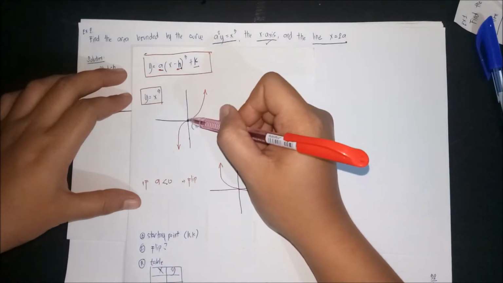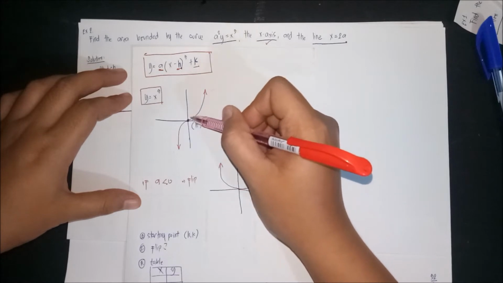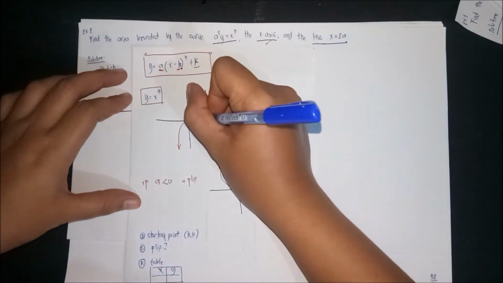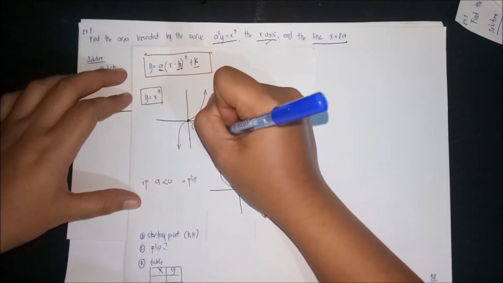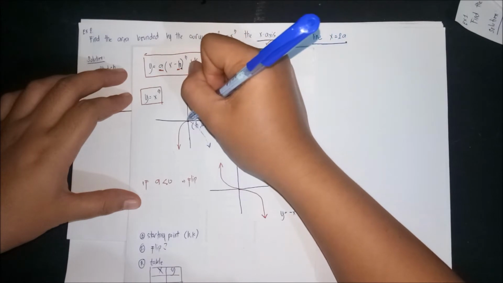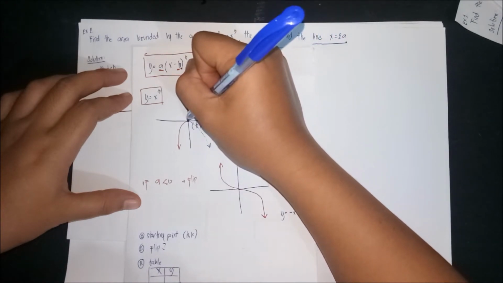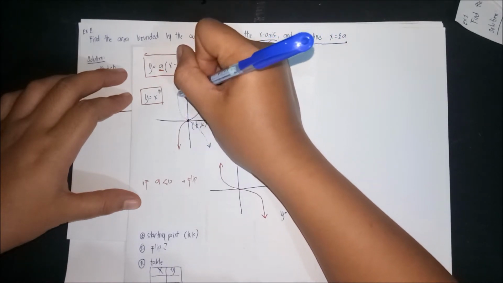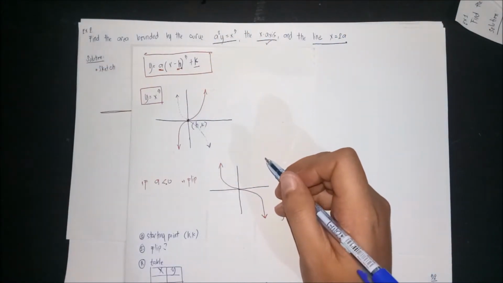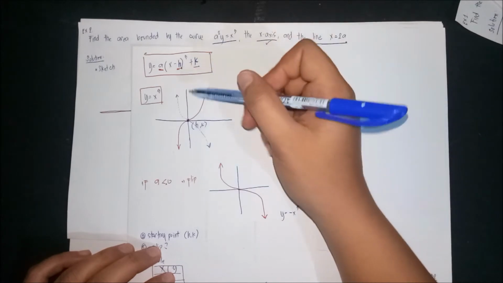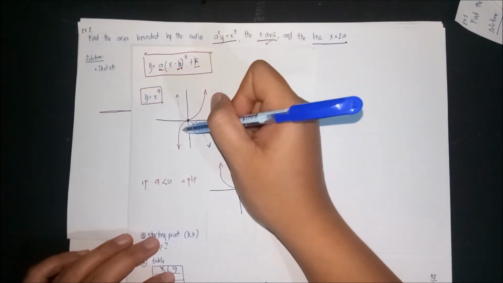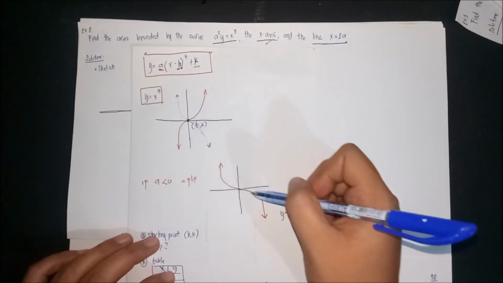So, una, ito, di ba, pag ganito, flip siya dito sa baba. Okay? Nagiging ganito siya. Tapos, itong isa, flip siya sa taas. So, nagiging ganyan siya. Okay? So, ganito na yung itsura niya. Nag-flip siya. Okay? So, again, yung pinakaisipin mo, ganito yung itsura ng iyong cubic function. Kapag a is negative, nag-flip siya.